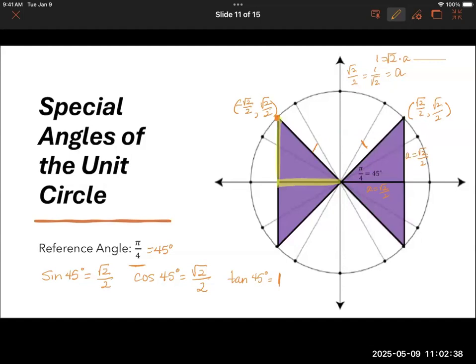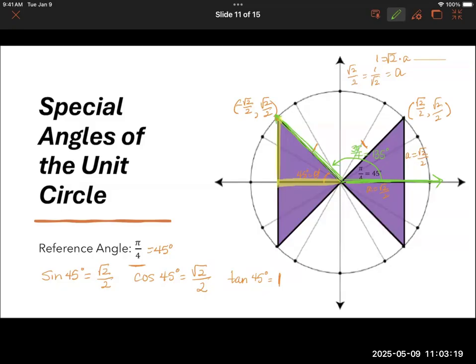But even though this is my reference angle, which is 45, the actual angle going from our initial side and rotating to this as my terminal side is actually the angle 3 pi over 4, or 135 degrees.